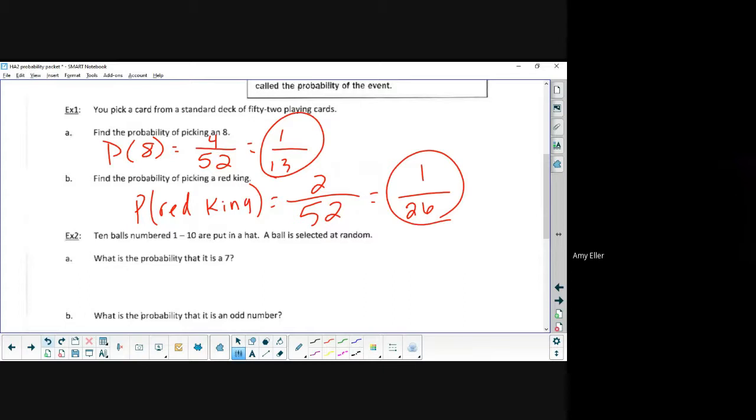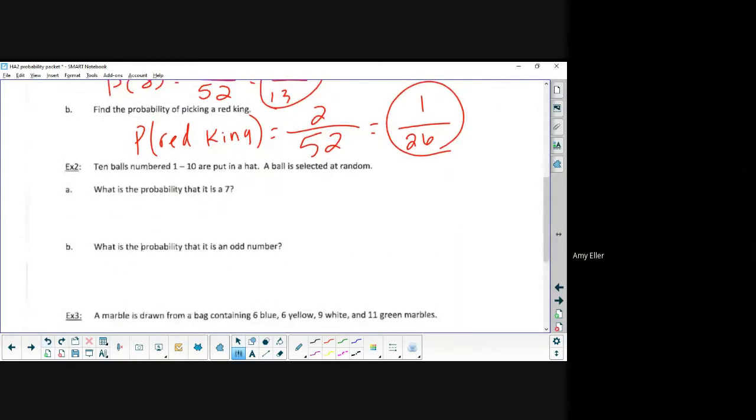All right, we have a new set of information. We have 10 balls numbered 1 through 10 put in a hat. A ball is selected at random. What is the probability that it is a 7? Jesse, what do you think? 1/10. Yeah, 1/10. And I'd be okay if you just write the fraction. B, do this on your own.